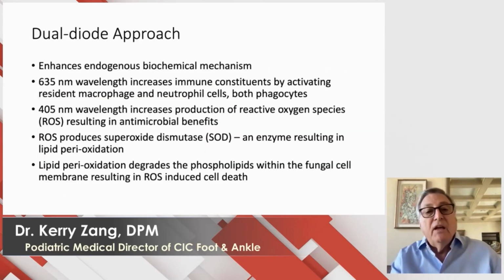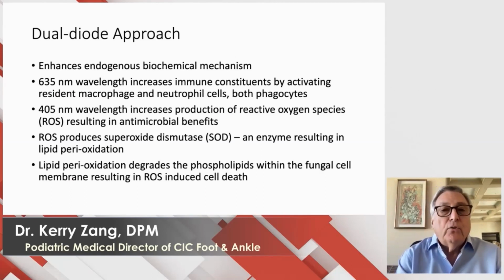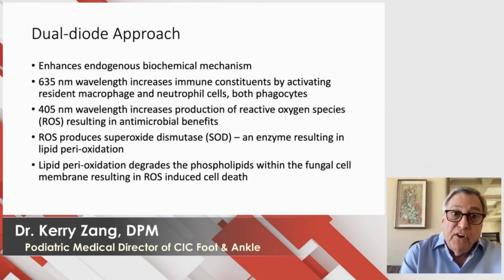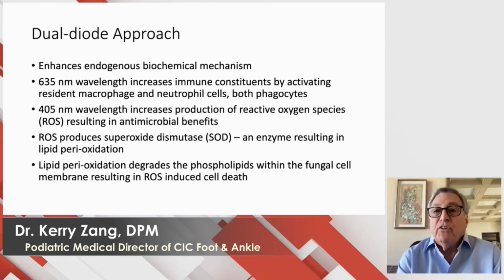So to go over this whole dual diode approach, cold laser combination therapy enhances the endogenous biochemical mechanism. The 635 nanometer wavelength increases immune constituents by activating the resident macrophage and neutrophil cells, both of which are phagocytes.